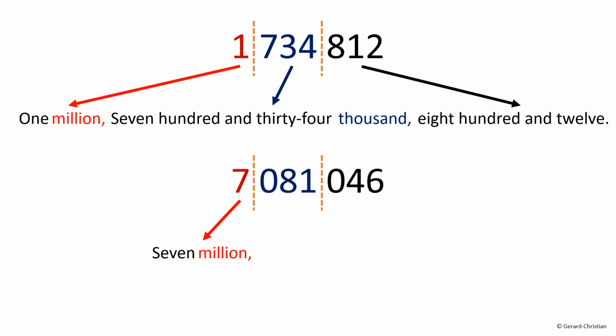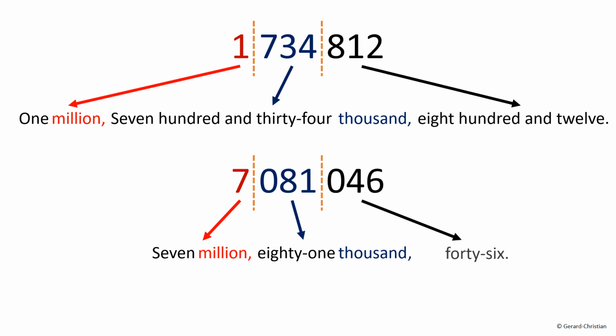Next, we copy down the numerals 081, which we'll usually just pronounce as 81, followed by the placing behind, thousand. Then we put our comma, and lastly the ones in black, 046, will be 46.